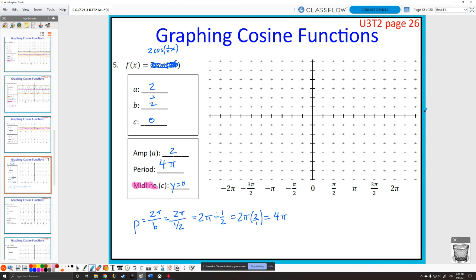Again, my midline is at 0. So y equals 0 is my midline. I'm going to go ahead and put that in there as a guide for me. I have my amplitude of 2, so up 2, down 2.